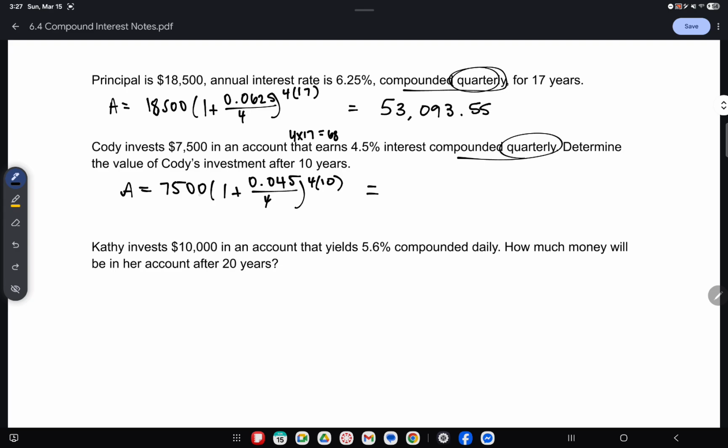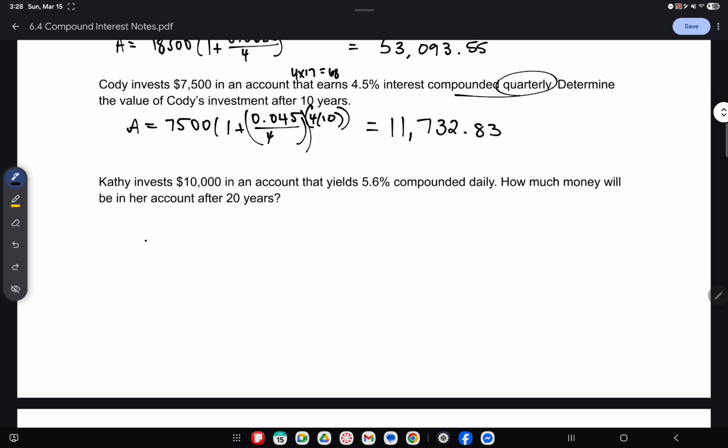If you do your parentheses correctly in the calculator, you should be able to do it all at once. I've always found it's hard, that's why I do it all the way inside out. But you'd have to throw parentheses here and then around here. Then it should do it all at once. But I get 11,732 and 83 cents.